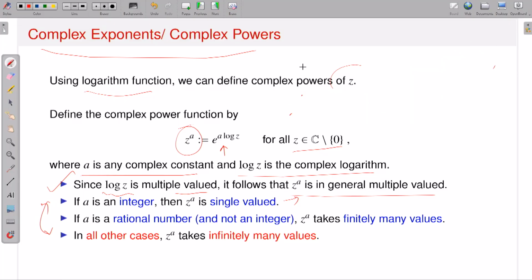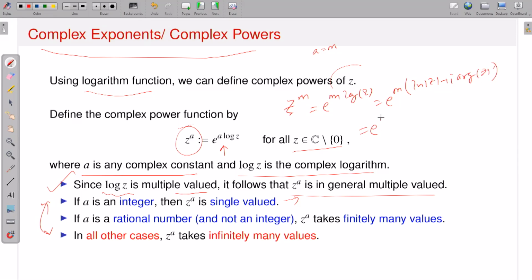Now just take a equal to m, an integer. Let me just check. If a is an integer, I am saying that it is single valued. Yes, this is true, because z to the power m is e to the power m small log of z. What is small log of z? It is ln of mod z plus i small arg of z.